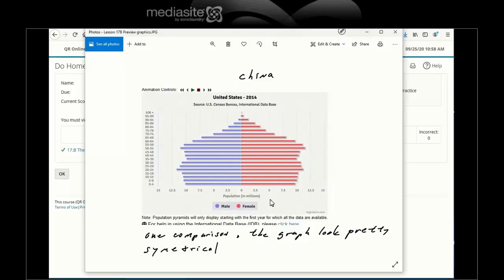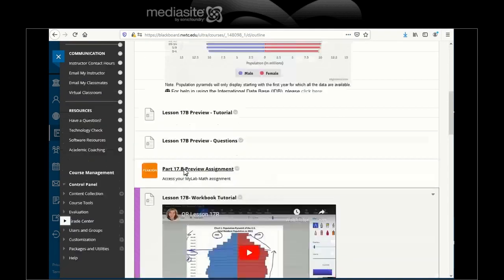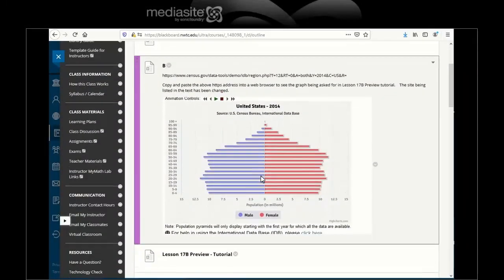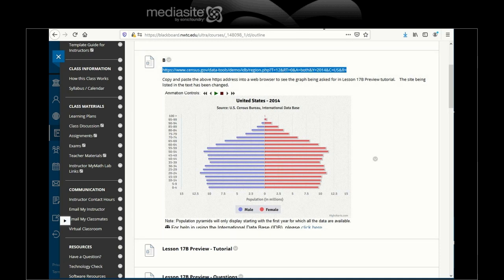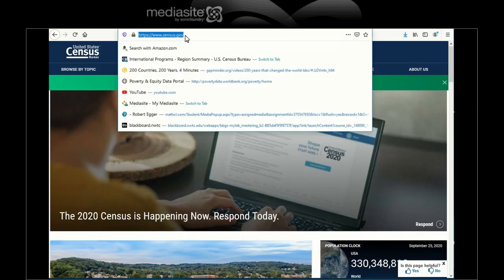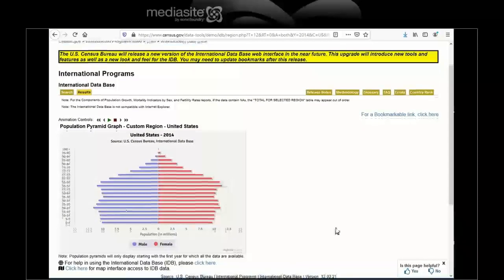Do use this graph, which is located right here, already out for you, or if you want your own, copy, and do a paste and go, and it'll take you right to it.